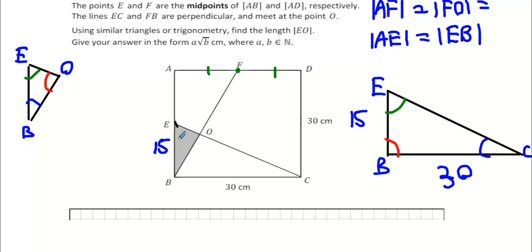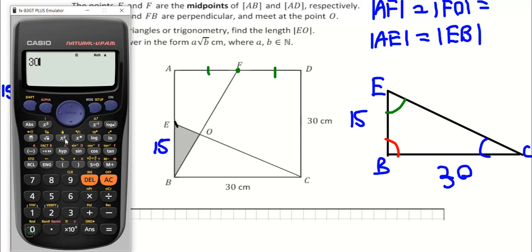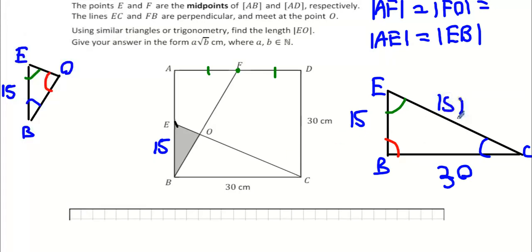The issue is E to B on the small triangle is actually the hypotenuse, isn't it? So I think we should use Pythagoras' theorem to find the hypotenuse of this one. 15 root 5. Is that okay with you guys?